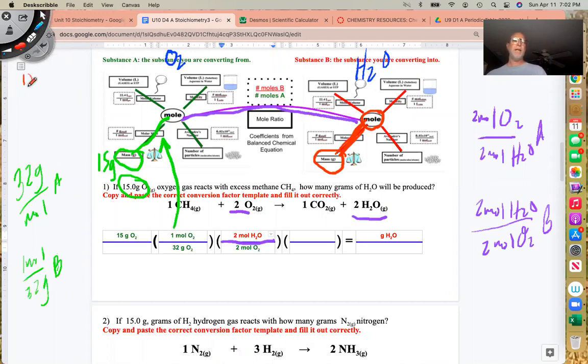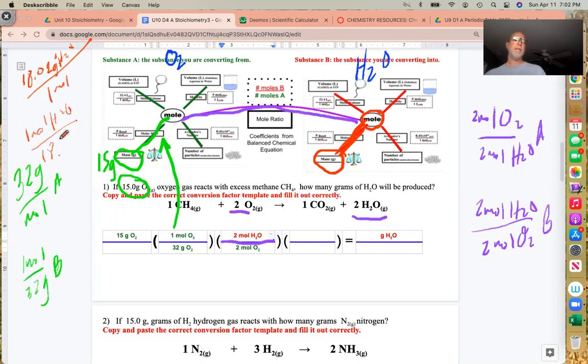So is it going to be 18.02 grams of water for every 1 mole, or is it going to be 1 mole of water for every 18.02 grams of water?